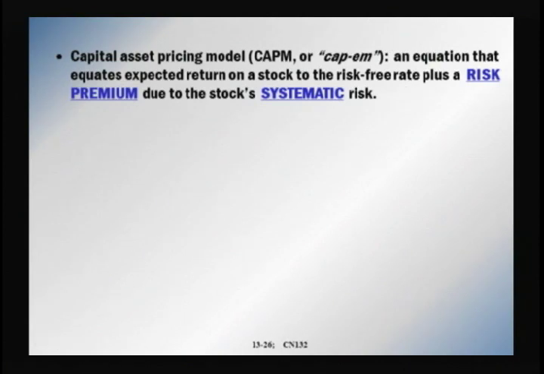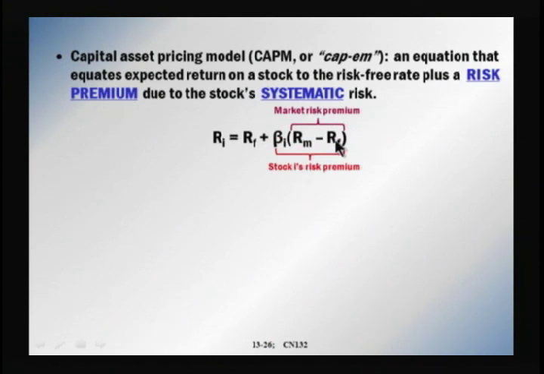As you remember from Chapter 12, a risk premium is any return in excess of the risk-free rate. So when we compute a risk premium for a stock, that would be added onto the risk-free rate to produce an expected return for that particular stock, which is based upon its amount of systematic risk.